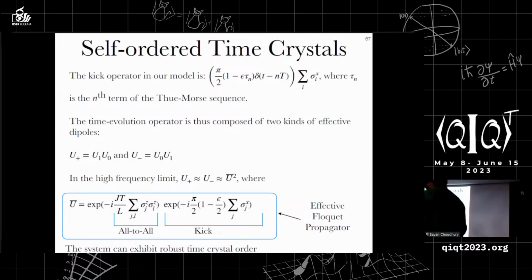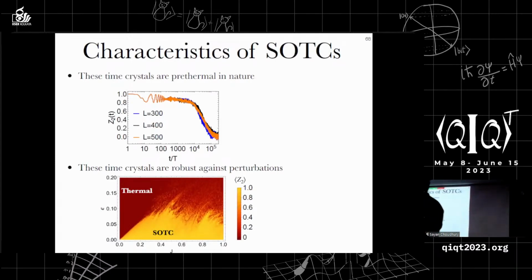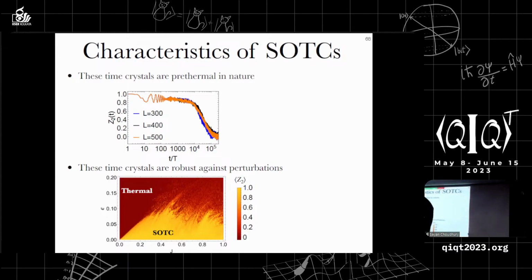Okay. So these time crystals are actually pre-thermal. If I start with that kind of very symmetric initial state and look at various system sizes, you would find that because of this Floquet heating that appears eventually, any kind of time crystalline order parameter will eventually die.